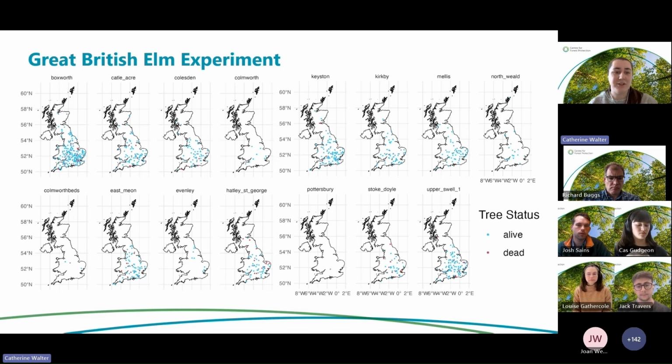And here I managed to plot maps for each parent tree. And I know the dots are quite small, but there are a few that have been reported to be dead. And so over time, it will become clear whether these trees have resistant traits, and that would be a great example of native trees which are exhibiting resistance.